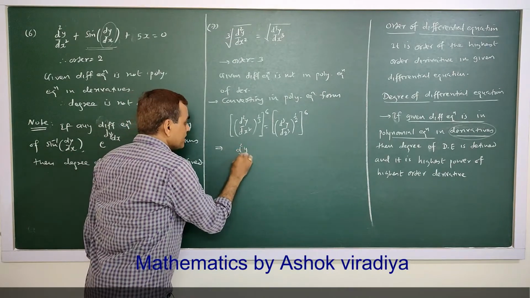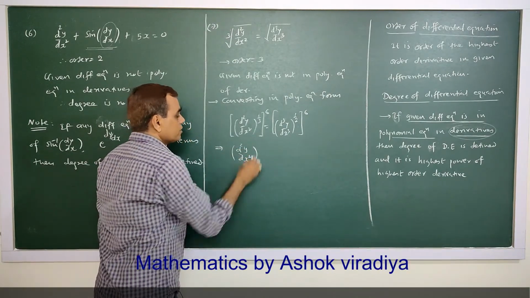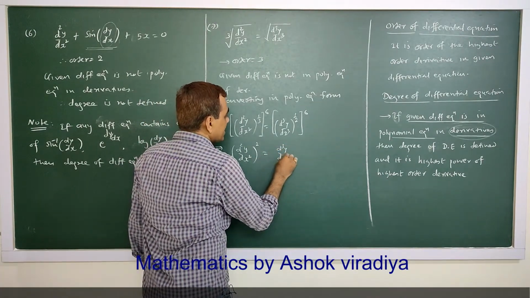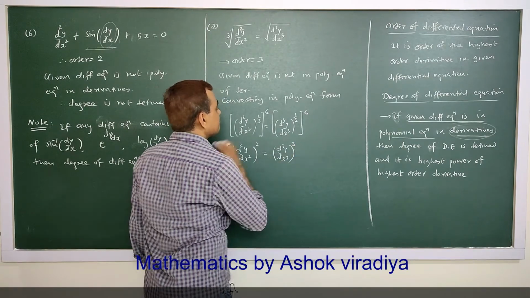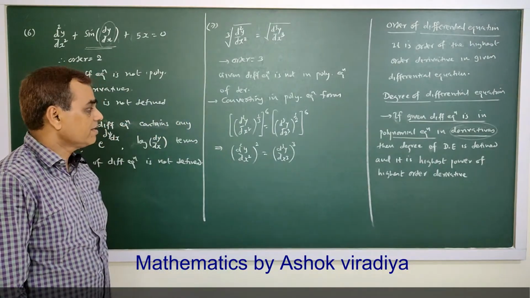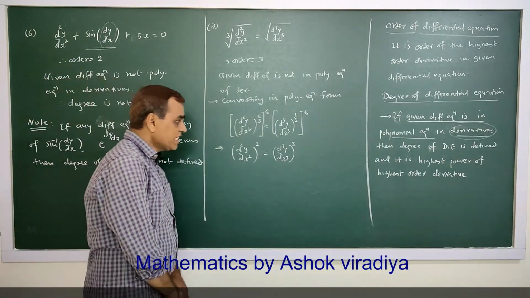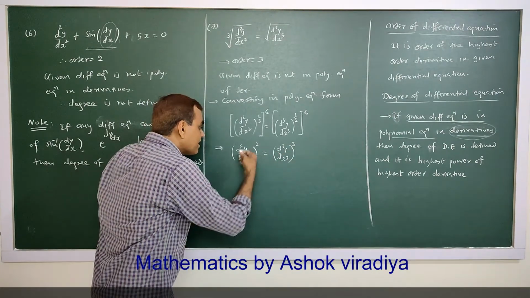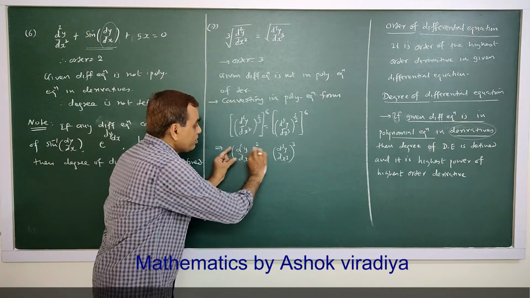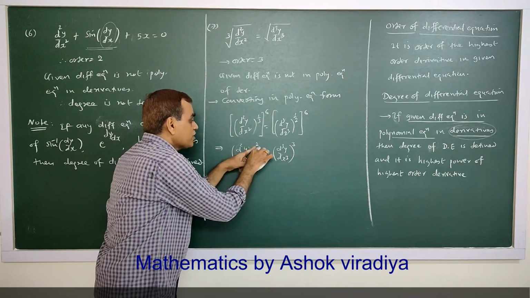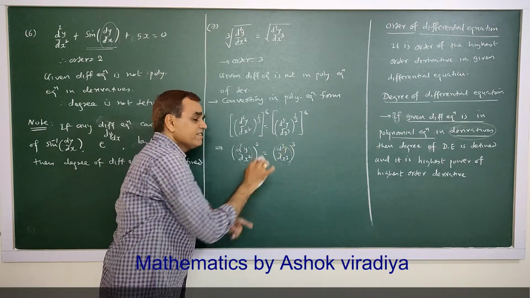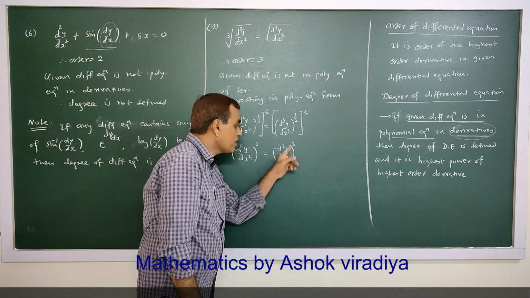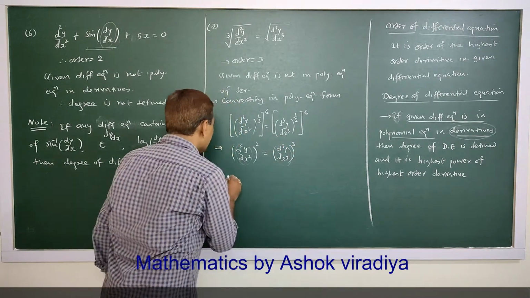The result is d square y by dx square, whole raised to 2, equal to d cube y by dx cube, whole raised to 3. And now check here. What is the degree? Degree is 3. So after converting to polynomial form, see, this derivative has a positive integer power, this derivative has a positive integer power, and the power of the highest order derivative is 3. So degree is 3.